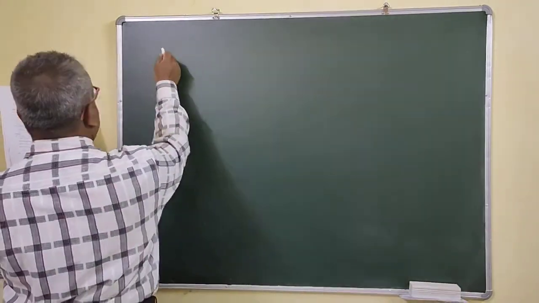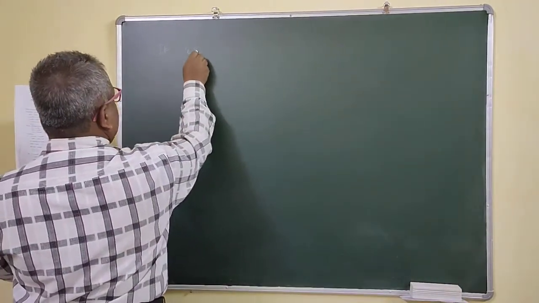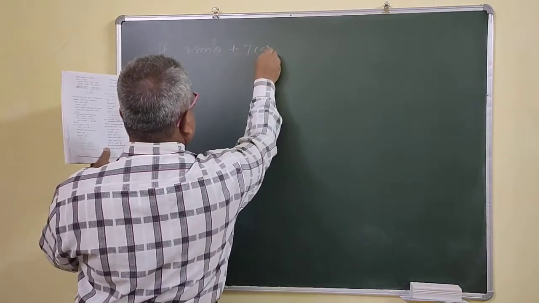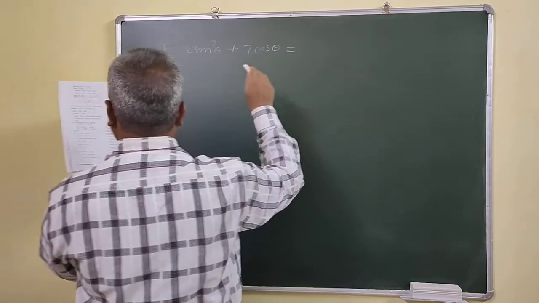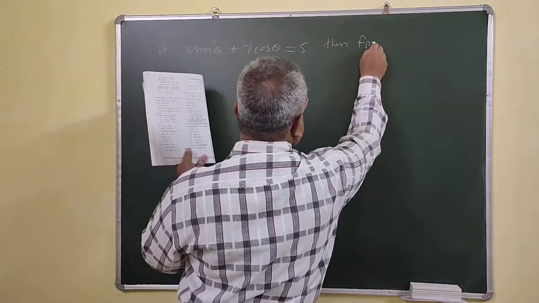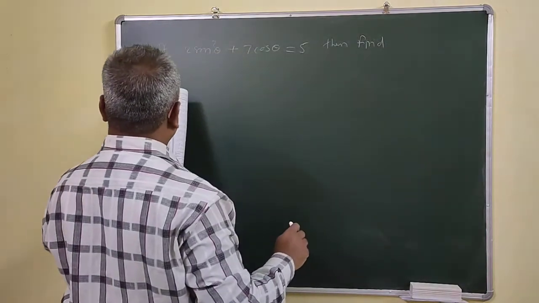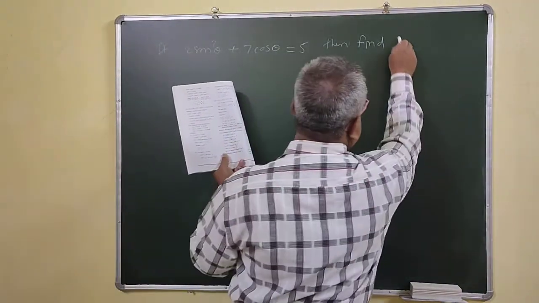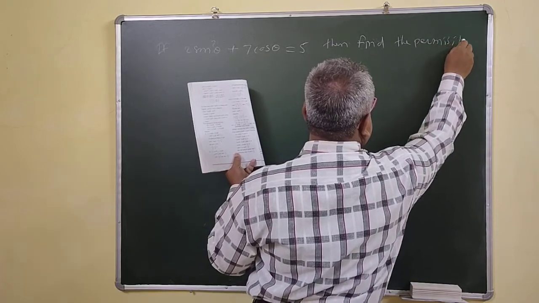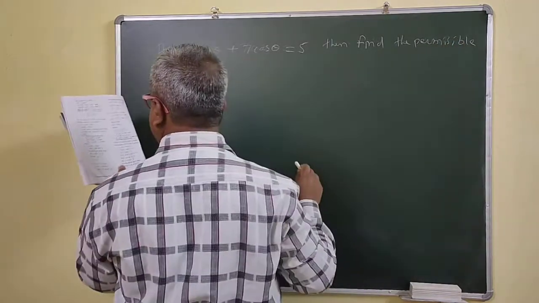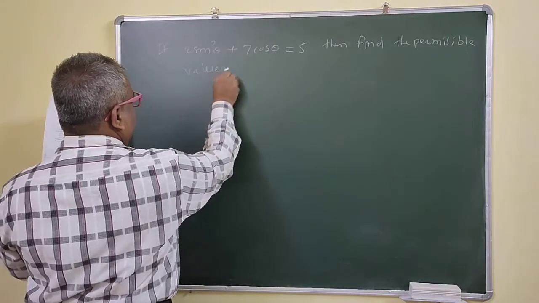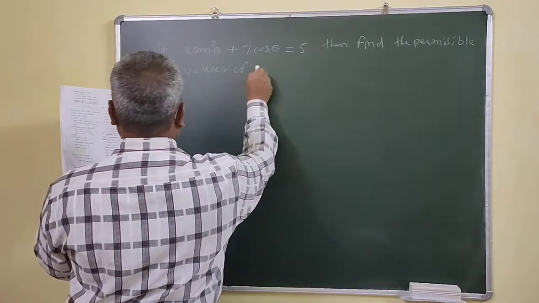If 2 sin square theta plus 7 cos theta is equal to 5, then find the permissible values of cos theta.